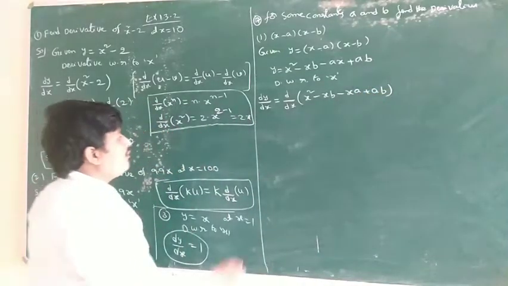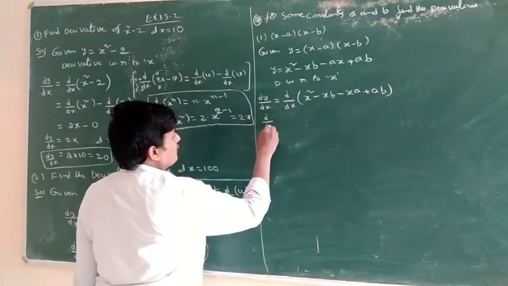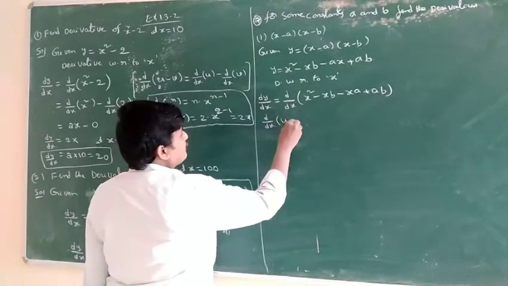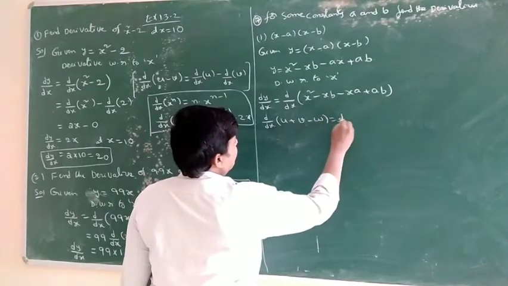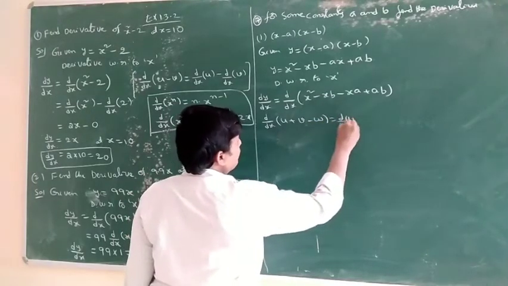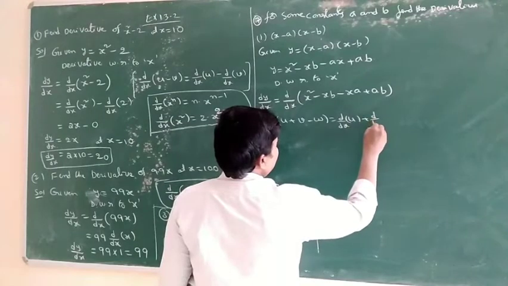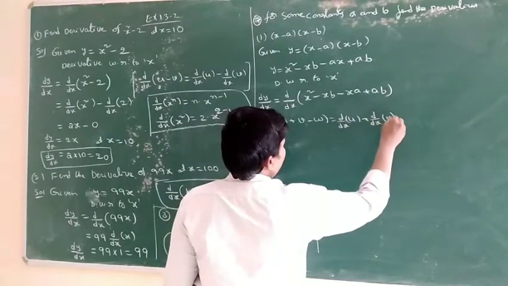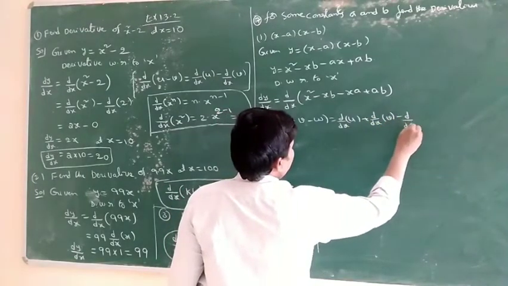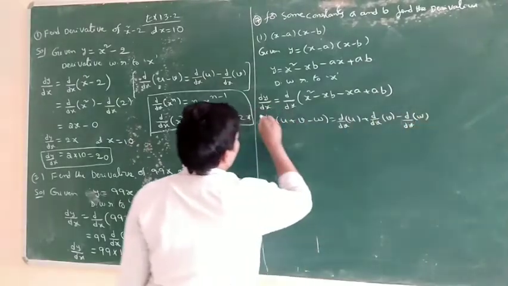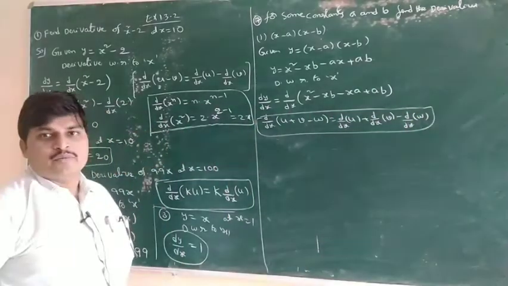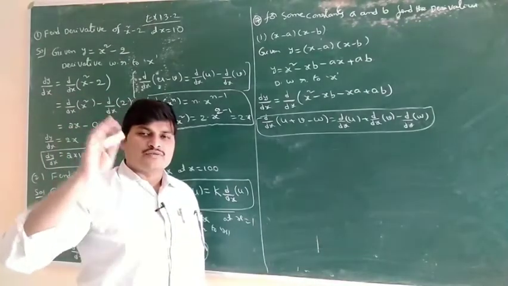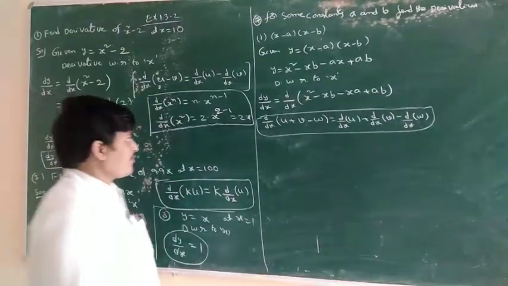This is the formula of d by dx of u plus v minus w and so on, means d by dx of u plus d by dx of v minus d by dx of w. Plus minus, not only two functions, any number, infinite functions.